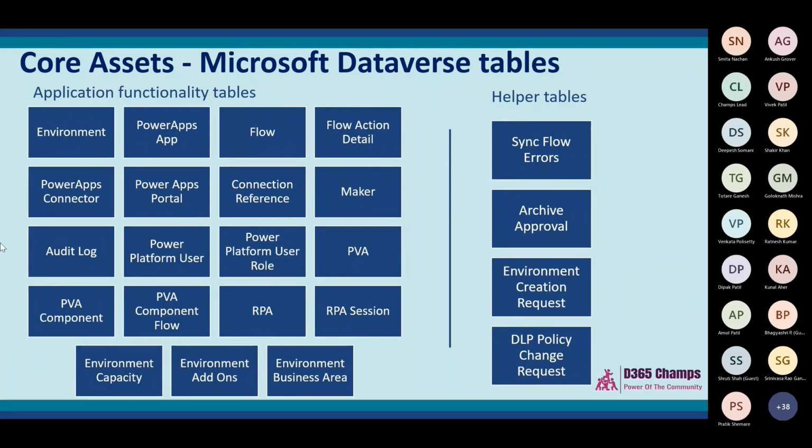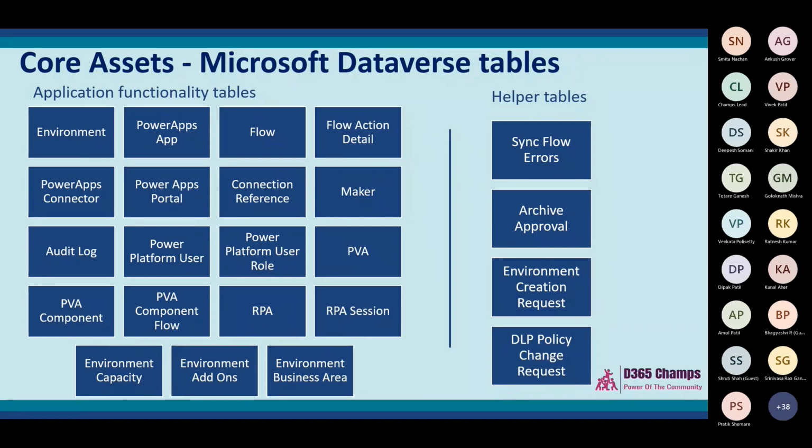And then we have supporting tables for audit log, which stands for all of the session details for your Power Apps. And then we have other tables related to the users who are performing certain roles inside of your organization, and those are Power Platform User and Power Platform User Role.